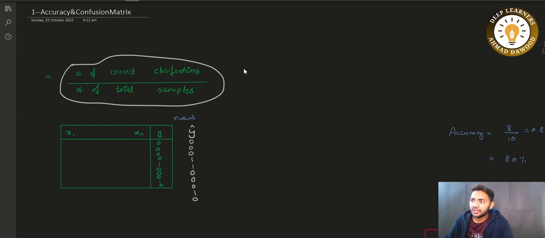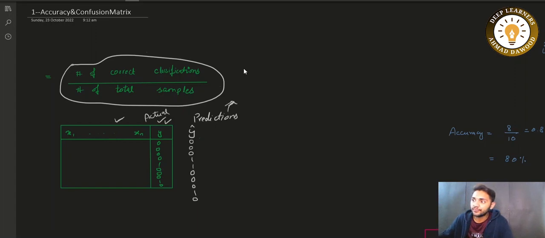There are a total of 10 samples in this data set, and these are the actual values, and these are the predictions.